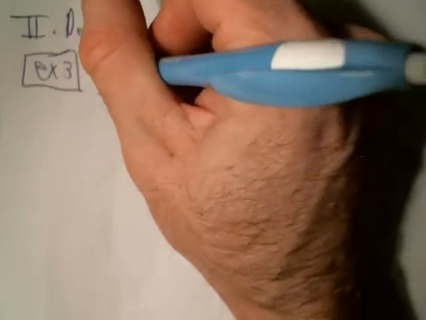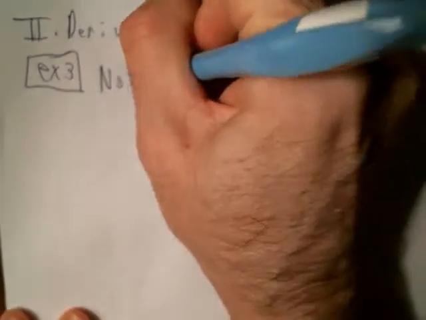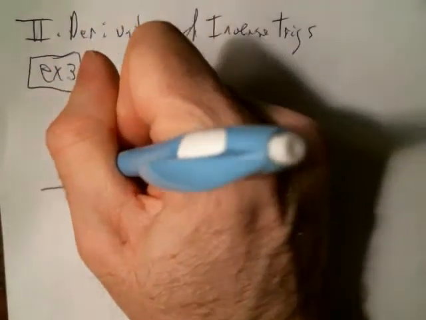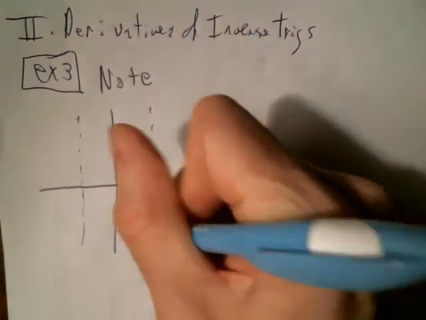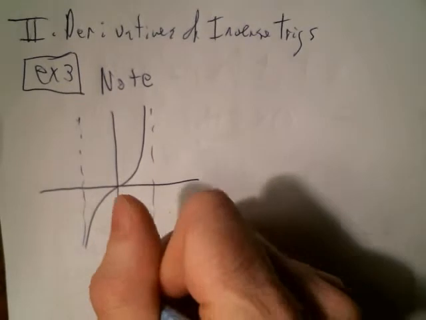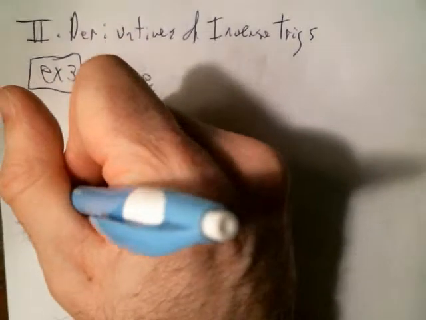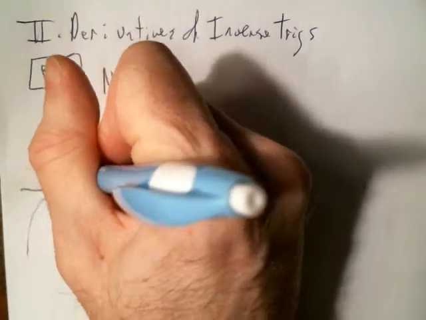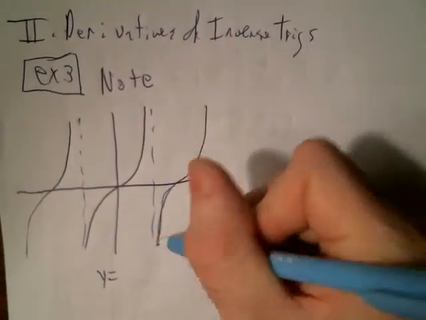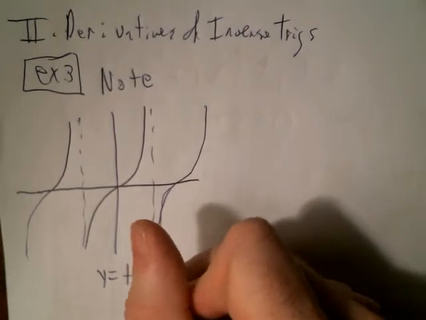Okay, so in example 3, we're worried about the inverse of tangent. Let's remind ourselves what tangent looks like. Tangent has asymptotes at negative pi over 2 and pi over 2, etc., an infinite number of asymptotes. So this is y equals tan of x.